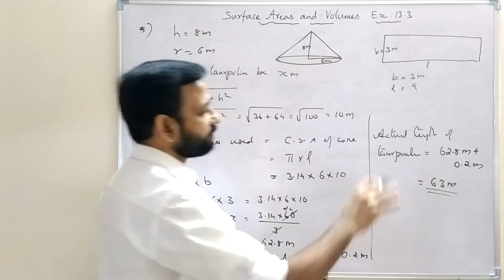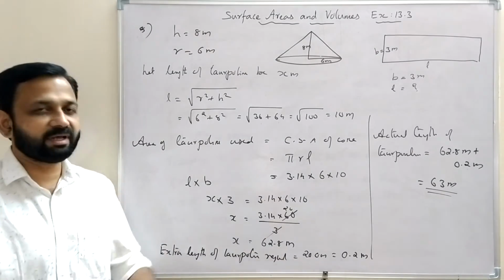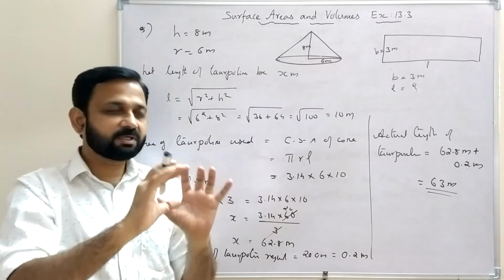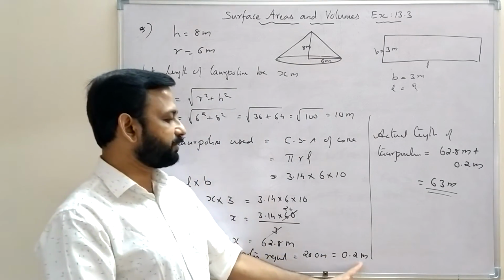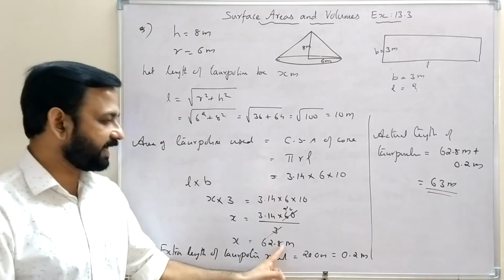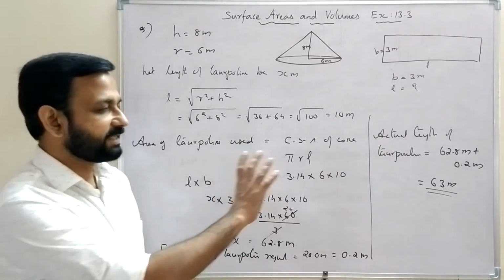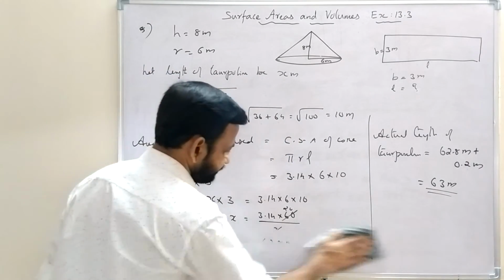So this is the length of the tarpaulin used. Actually 62.8 meter is for the curved surface area, and for stitching, wastage, etc. we use 0.2 meter extra, that is 20 centimeter extra. So 62.8 plus 0.2 is 63 meter of tarpaulin. So that is the final answer. So that is question number 7.